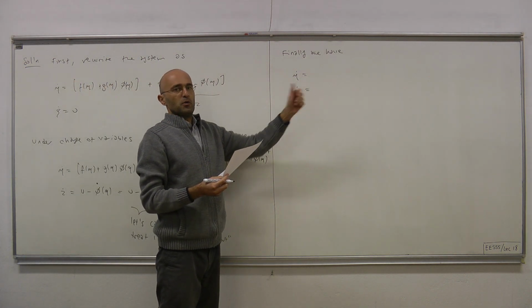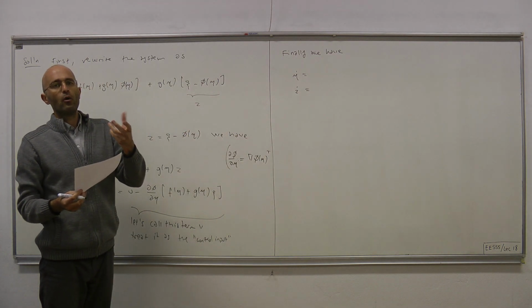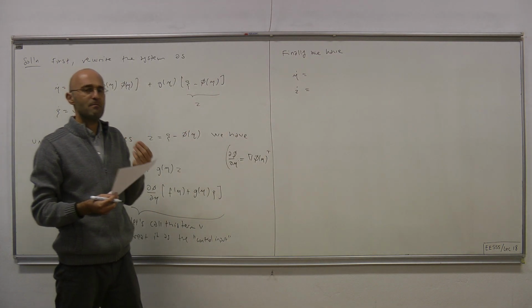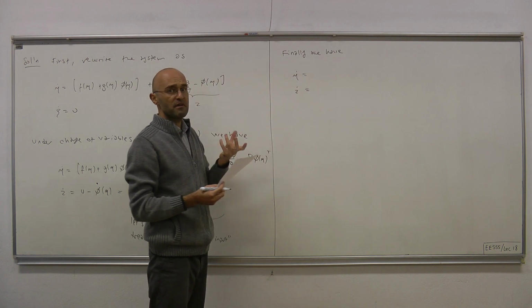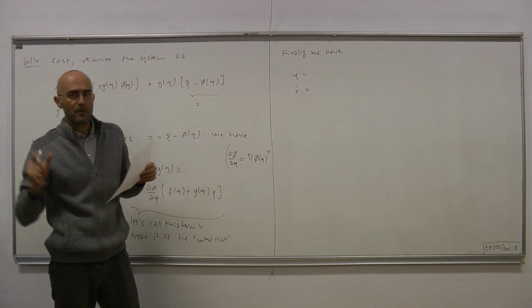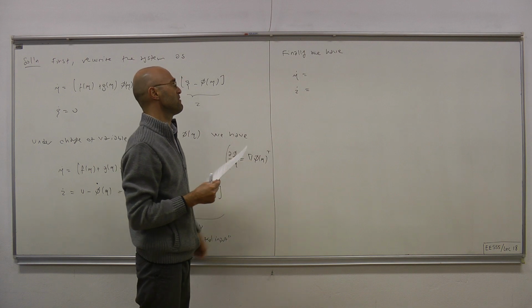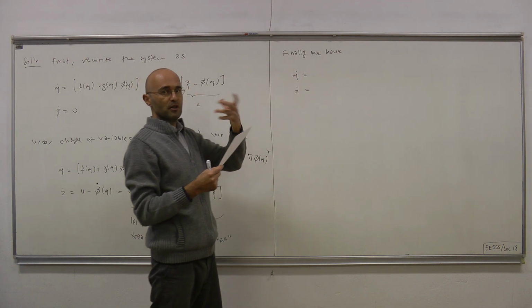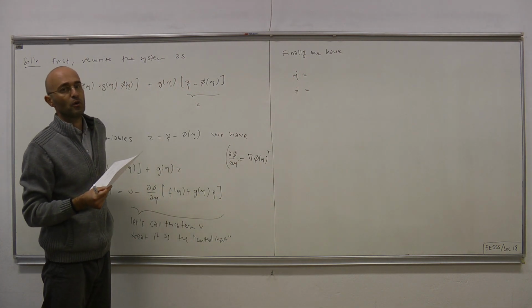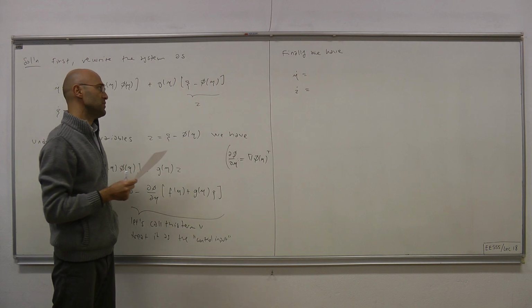Xi dot equals u, u is our control input, and the goal is picking a feedback law, figuring out the feedback law, so that when you close the loop through that feedback law, the autonomous closed loop system, or the origin of the closed loop system, becomes asymptotically stable.